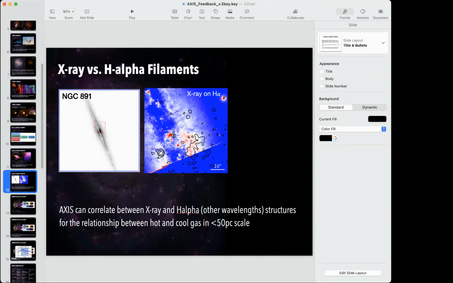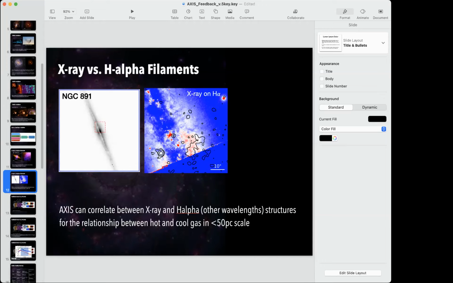Sometimes filaments can have slightly different spectral properties compared to the surrounding diffuse gas. So studying the filaments may help quantify the relationship between the cool and hot gas, such as the cool cloud formation and evaporation models, and emission mechanism indications of charge exchange or shock-heated gas.